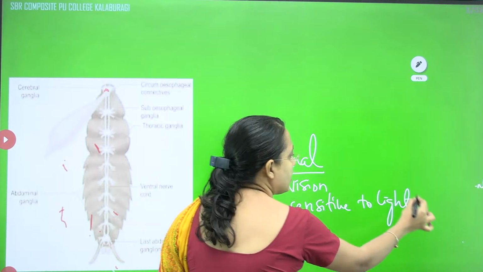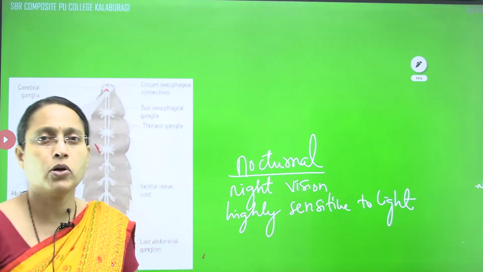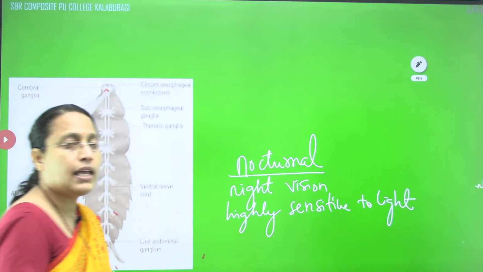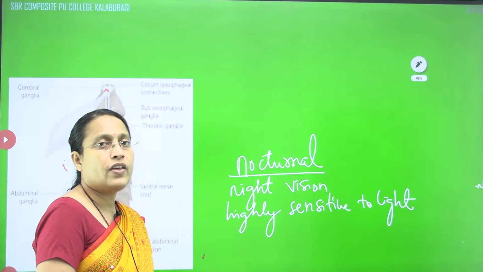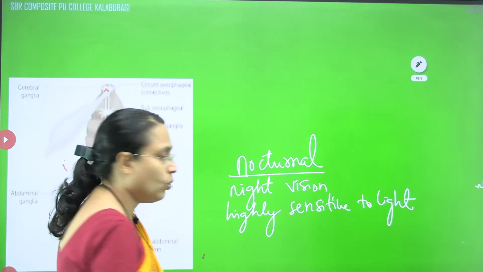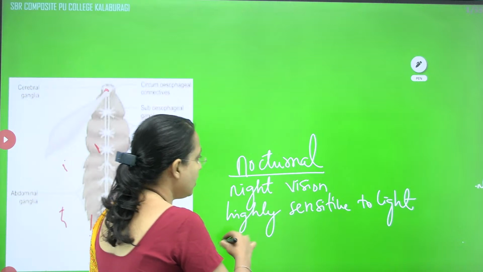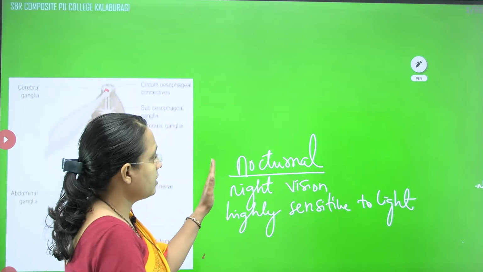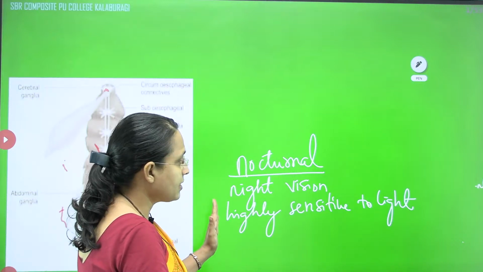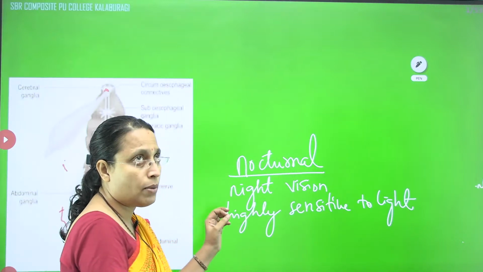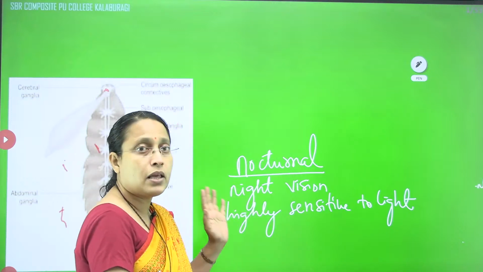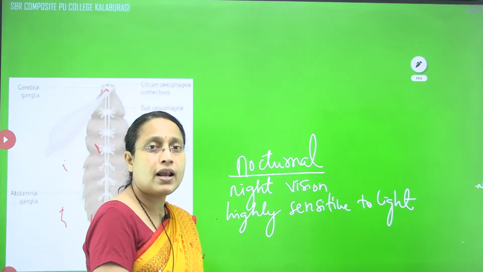Highly sensitive to light means that even though only a little amount of light is there, it can easily detect it. But the image formed is not clear. It is a blur image.